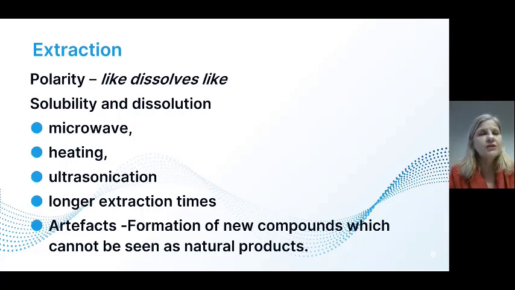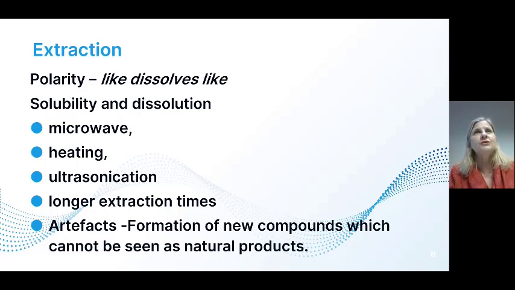And then we get to the extraction procedure. I just want to go back a little bit: after the drying of the plant parts, you should grind it until it's a very fine powder, and then afterwards you should put it through a sieve, say a 250 micron sieve, so that all your particles have the same size.